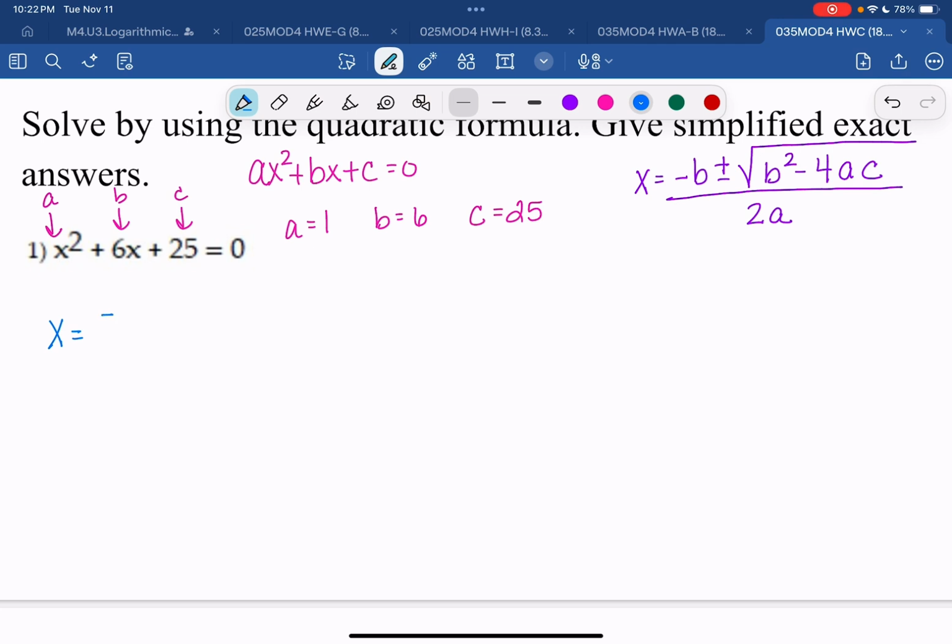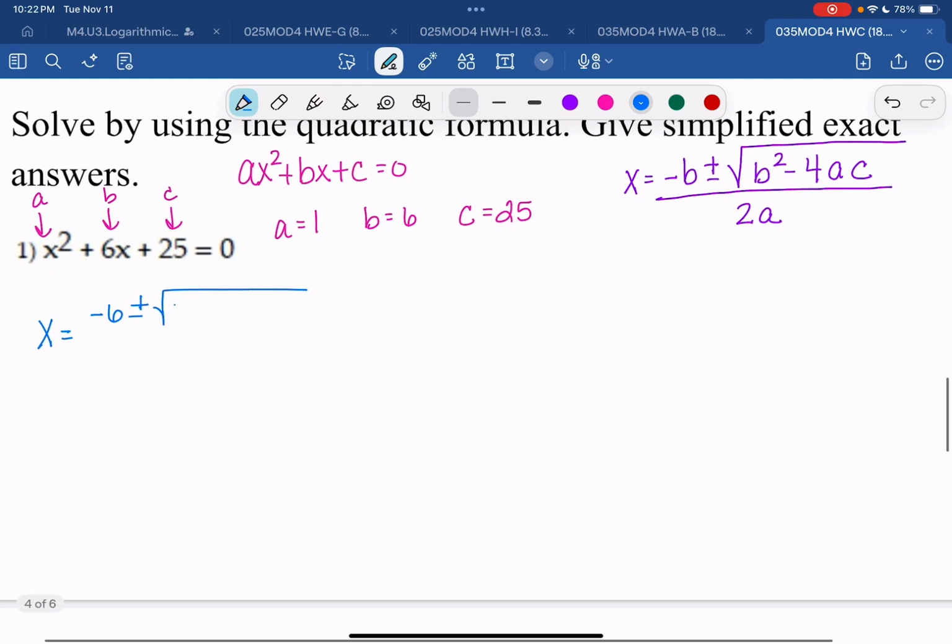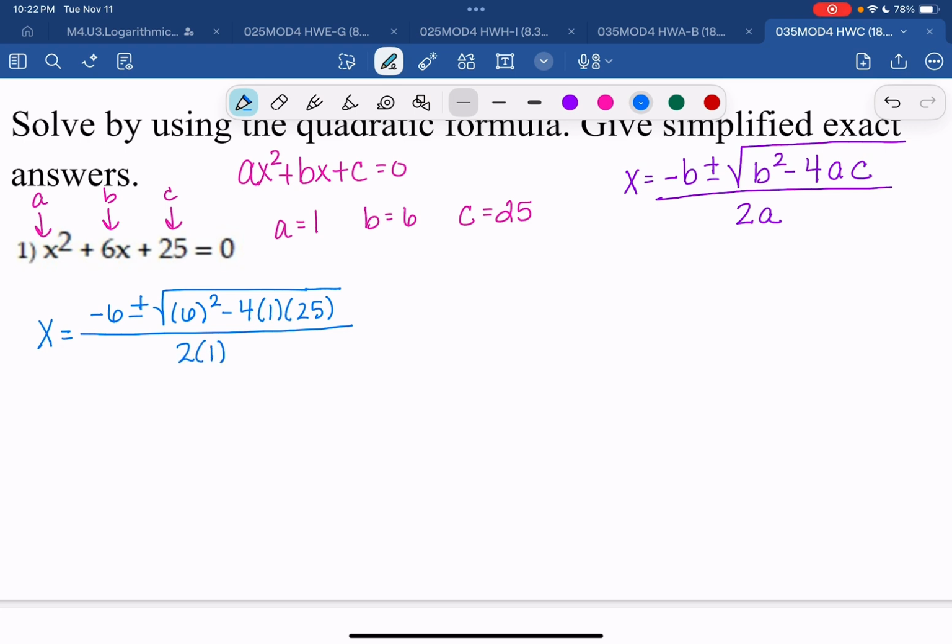So negative 6 plus or minus the square root. Inside my square root, I'm going to square b, so I've got 6 squared minus 4 times a times c. Then it's all one big fraction, so the whole thing needs to be in the numerator. And then in my denominator, I'm going to have 2 times a.